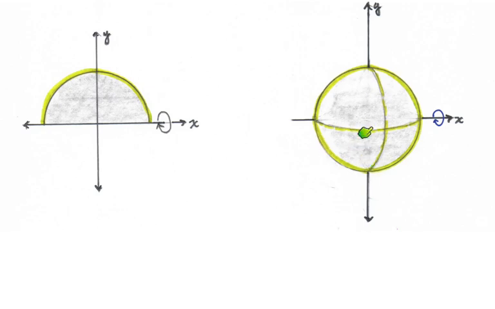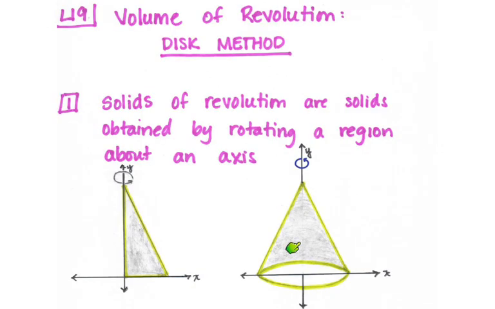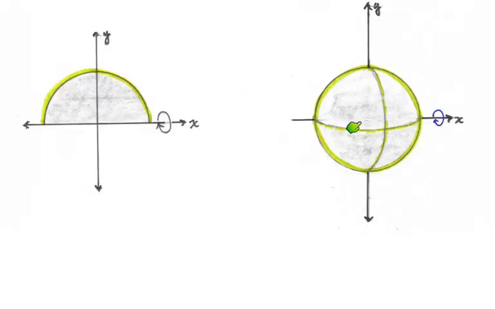In both this sphere and the previous slide's cone, if we were to slice perpendicular to the axis that we rotated, so here we rotated on the y-axis, so I would take slices perpendicular to the y-axis, or in the second one, since we rotated on the x-axis, I'm going to take slices perpendicular to the x-axis.